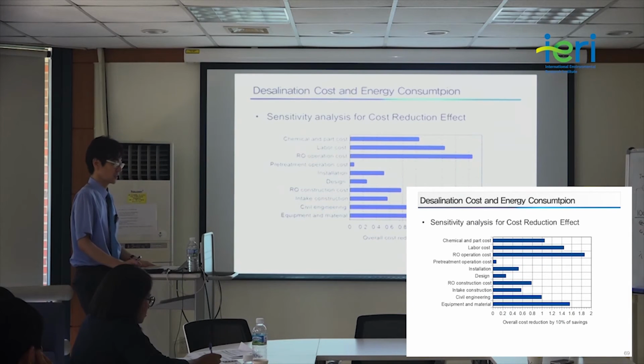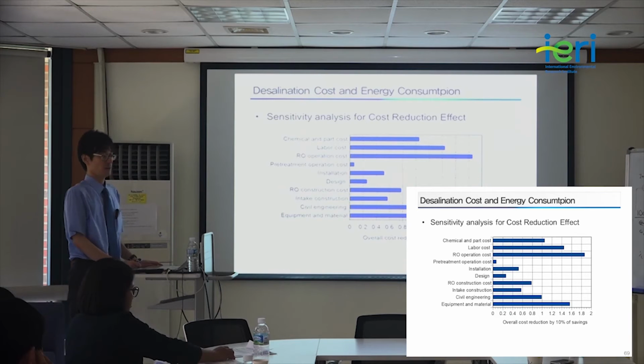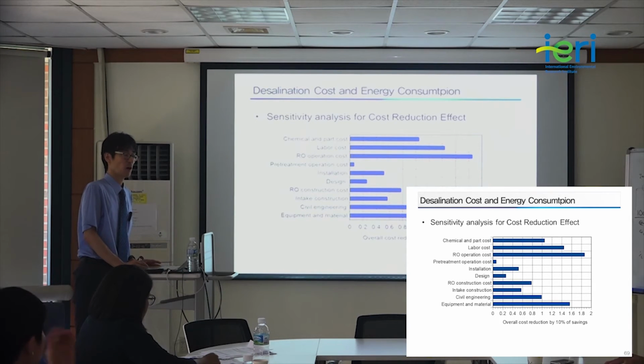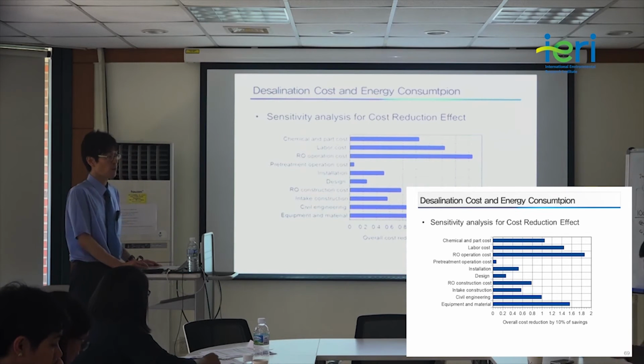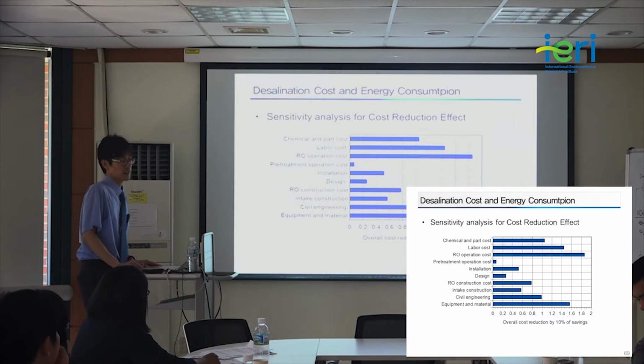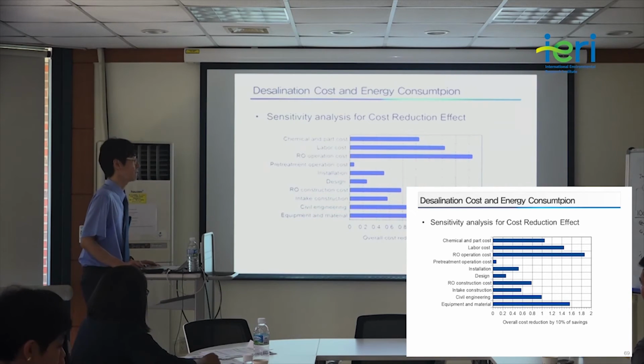If you want to reduce the cost of desalination, what part do we have to consider preferentially? The answer is, if a part accounts for a substantial amount of the construction cost or operation cost, then by reducing that cost by 10% or even 5%, it can significantly affect the total cost reduction.